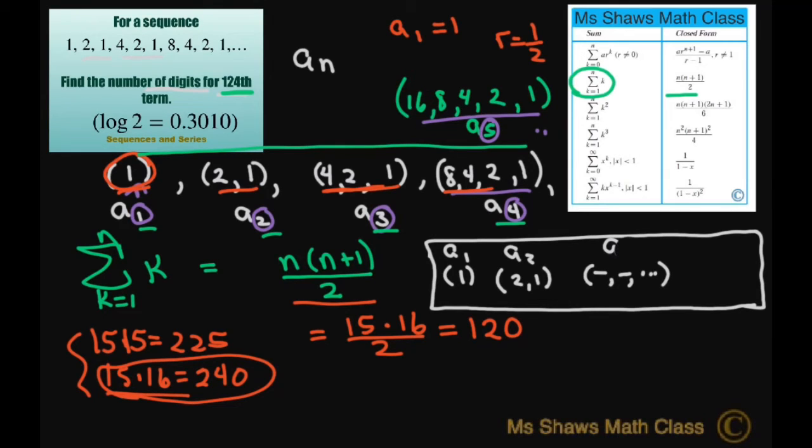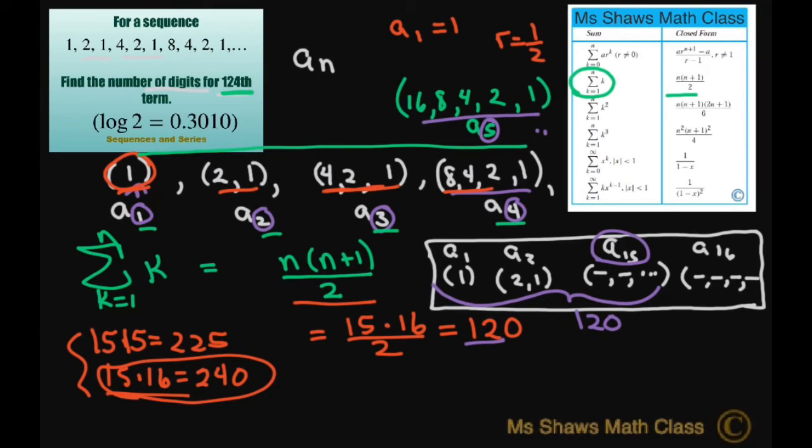A sub 15. And therefore, a sub 16 is going to be like this: 1, 2, 3, 4. So think about this. When we have a sub 15, this is 120 terms. So this right here is 120 terms.